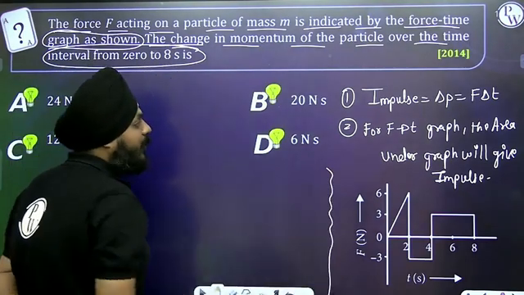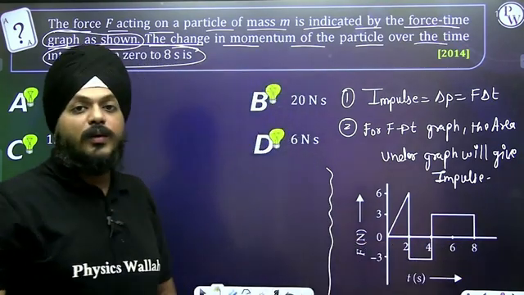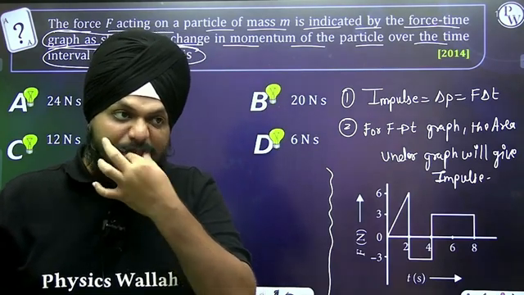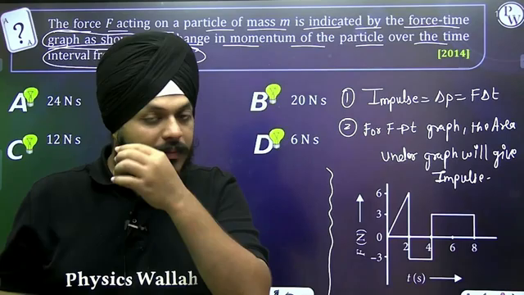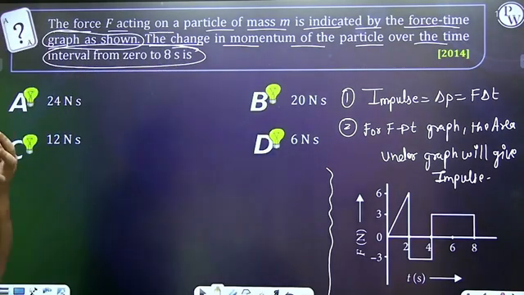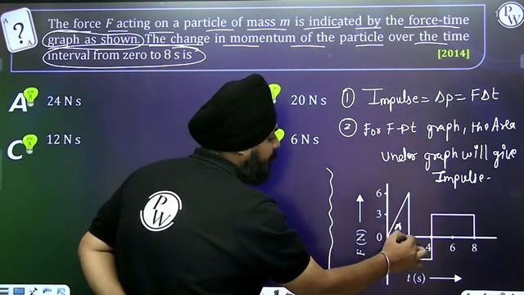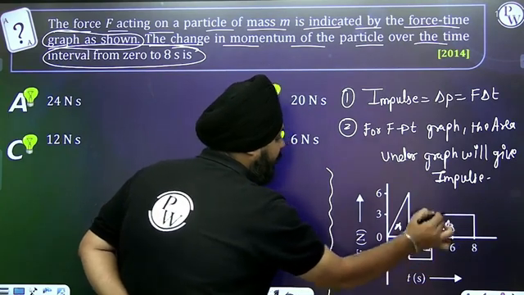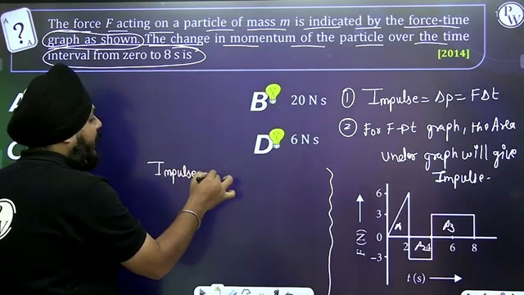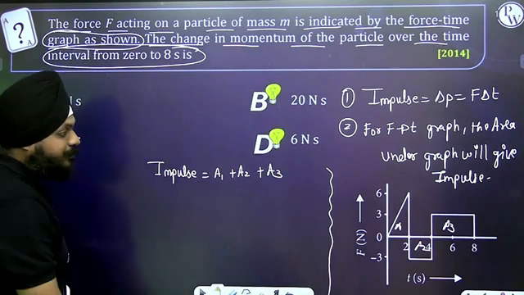So here, if you really want to define that from 0 to 8 seconds, then immediately we are going to define that impulse. This is an area A1, this is an area A2, this is an area A3. So impulse is nothing else but area A1 plus area A2 plus area A3.